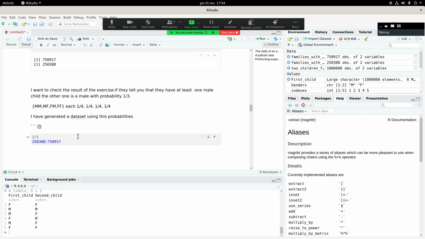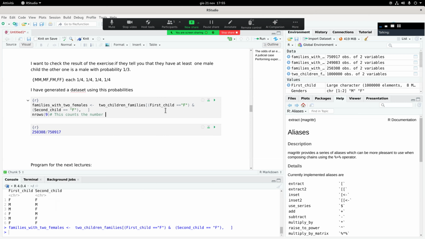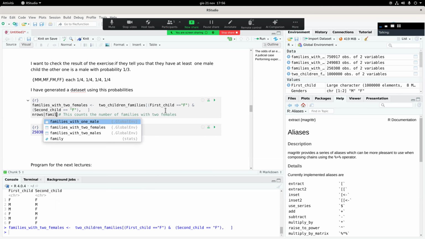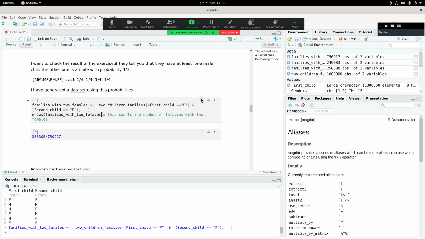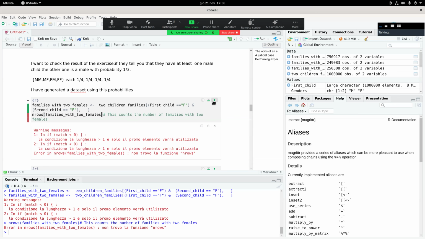This counts the number of families with 2 females, and the rows, and I have to put... let's see what I did wrong. And row maybe.